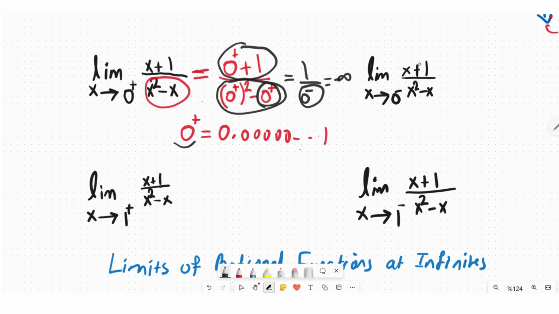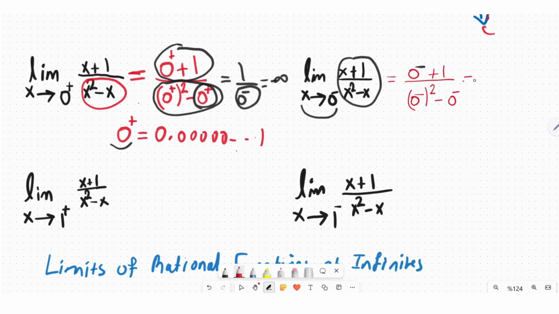As you see, we consider the same function, but in this case, we try to approach 0 from the left-hand side. Let's substitute a number which is very close to 0 but negative, not positive. So let me write here: plus 1 over 0 to the power minus squared minus 0 to the power minus. And attention here, the top is approaching 1.